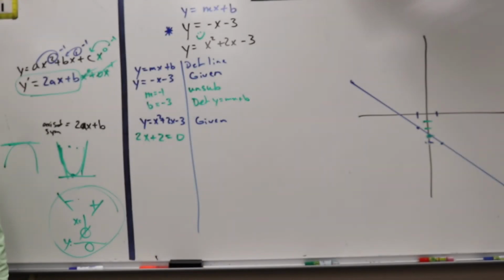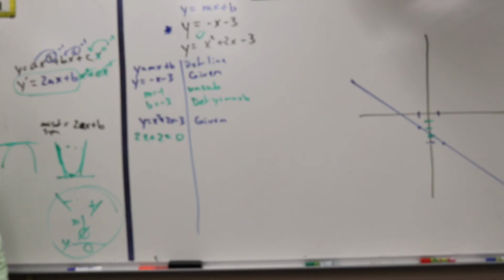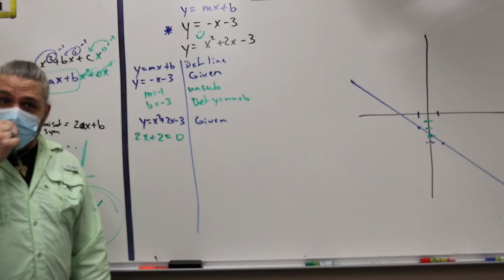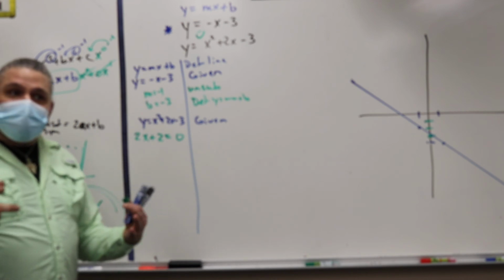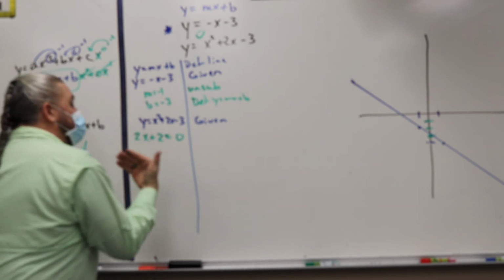And it's only 0 at one point. Out of all the infinite points on this equation, there's only one point where it's 0. And that's when the slope is 0. Okay? And so, by setting this equal to 0, that's how I know that the slope is 0 at that point, when x is that amount. Does that make sense?